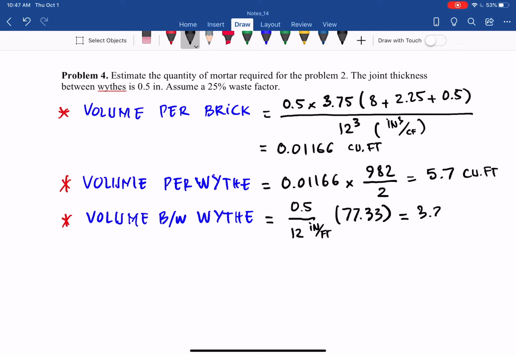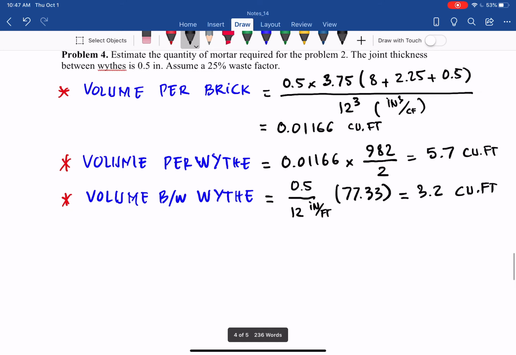So 3.2 cubic feet is the volume of mortar between the widths.